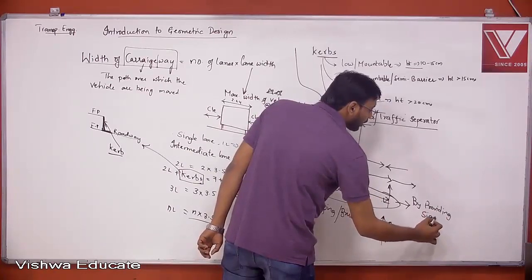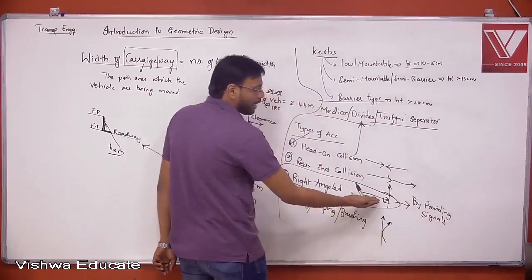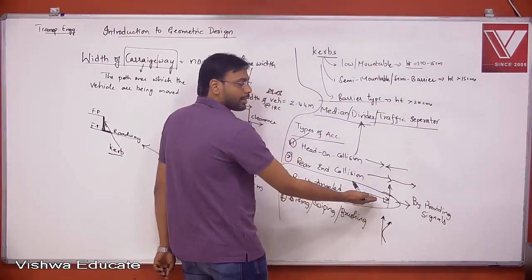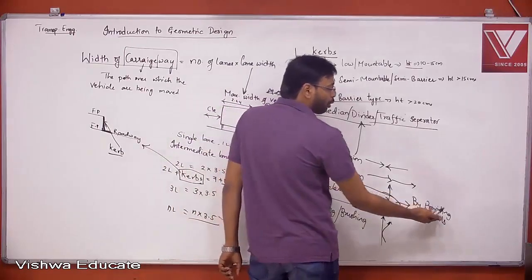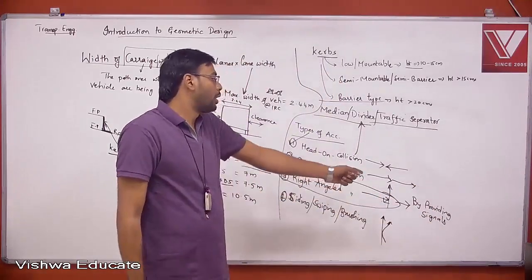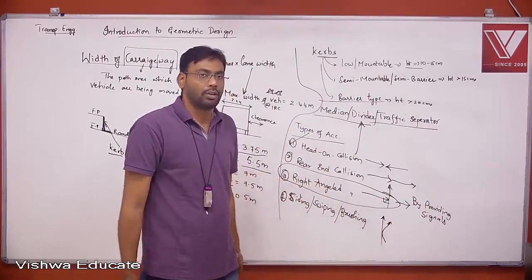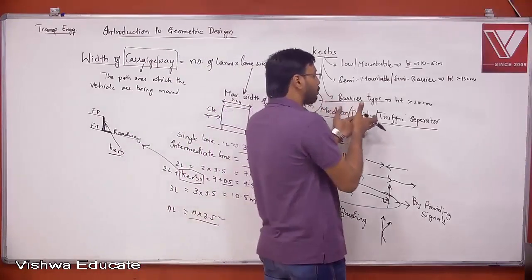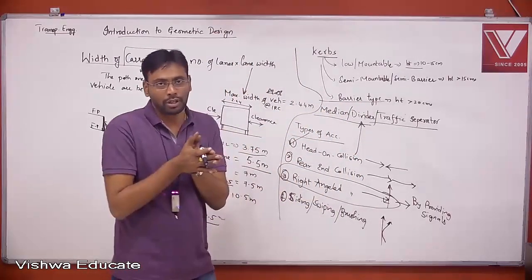Signals. Generally, right angle collision accidents happen at signals and intersections only, right? So if you provide proper signals and if everybody follows the rules, of course, you can completely eliminate right angle collision. Now, our main concern here is about the median or a divider or a traffic separator.